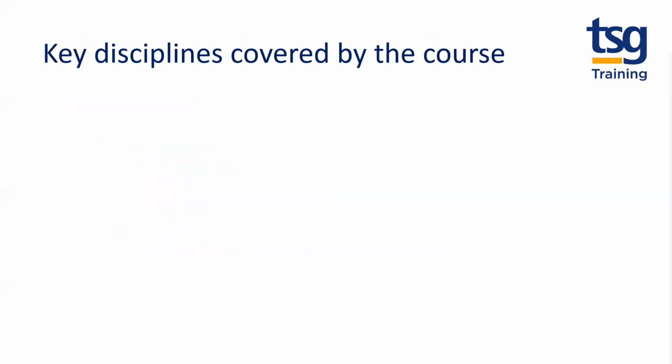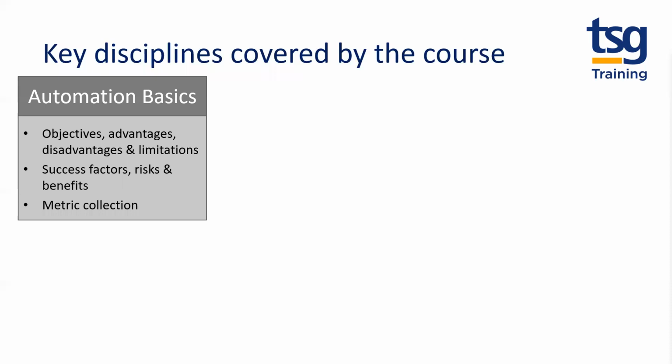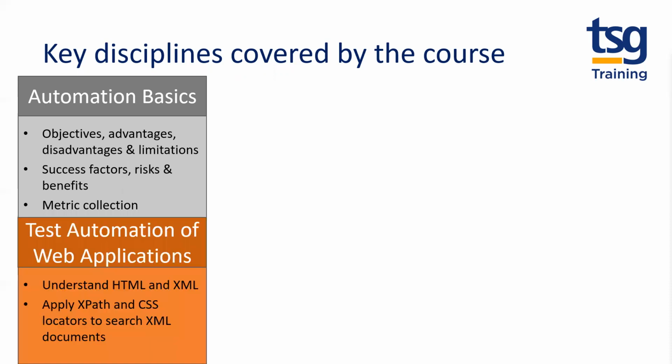So what are the key disciplines covered by the course? Well, we start off on chapter 1 with the automation basics, and I've just covered some of these. And then we move on to talking about the automation of web applications, and we look at HTML and XML and XPath and CSS.